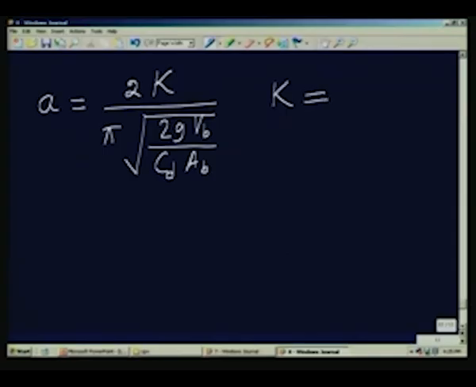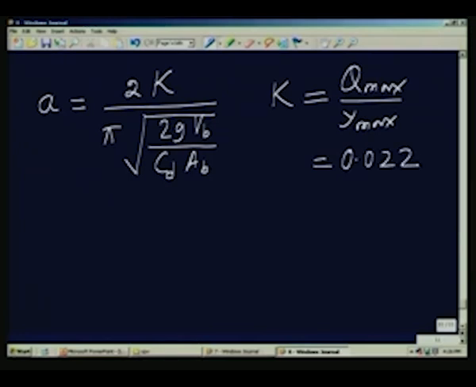K into Y is equal to Q, that is the formula. Therefore, K into Y max equal to Q max. Therefore, K is nothing but Q max divided by Y max. Both of them are given, and the value of Q max by Y max comes out to 0.022. You put the Q max value and the Y max value, and you just work it out, it will come to 0.022. So, that value is known.